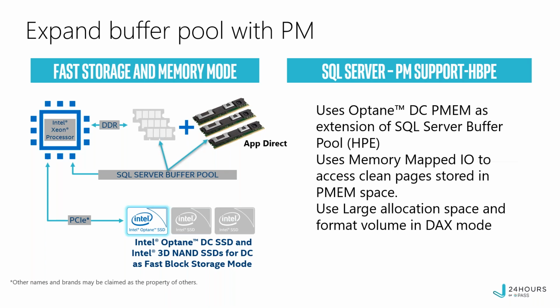So you add your Optane persistent memory, set it at App Direct mode, and you set up your SQL to use HBP, in this case hybrid buffer pool. Technically, hybrid buffer pool is just going to use memory map IO for clean pages to the PMEM space. So your dirty pages will stay on DRAM, and your clean pages on the PMEM side. And this is controlled by SQL itself.